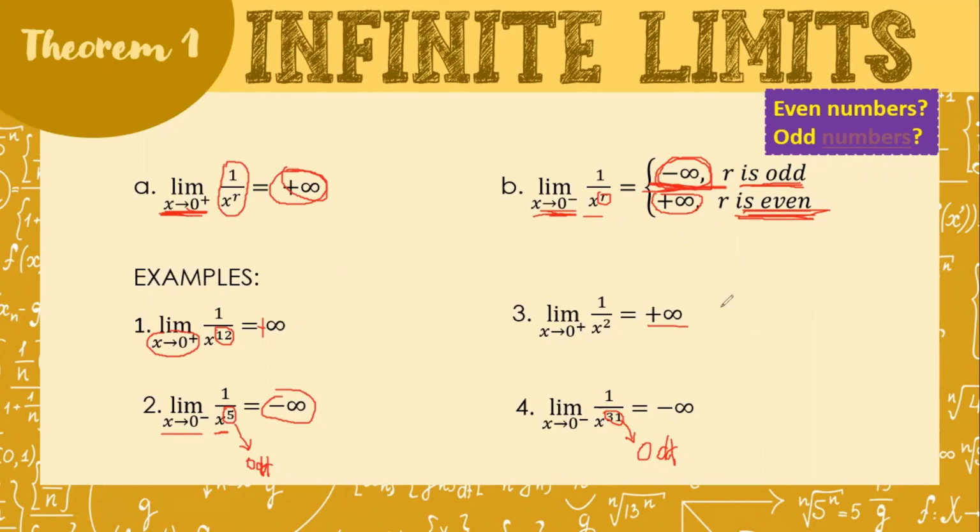So let's have another example. What if the given is the limit of 1 over x raised to 10, for example, as x approaches 0 minus? Look again at the approach.